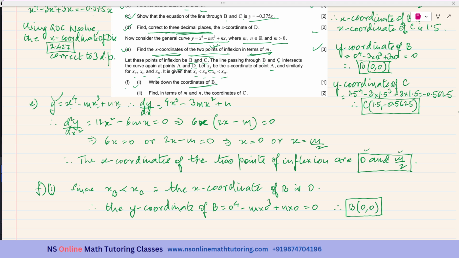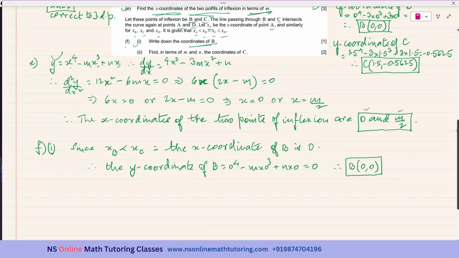Okay. And now subpart ii: find in terms of m and n the coordinates of C, containing 2 marks. The x coordinate of C is m over 2.